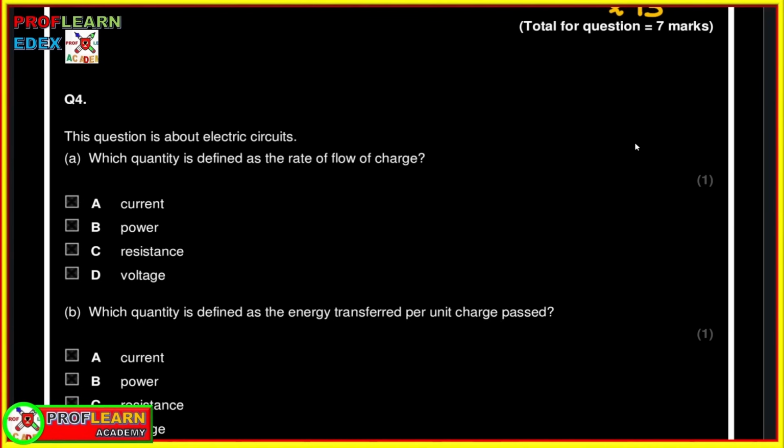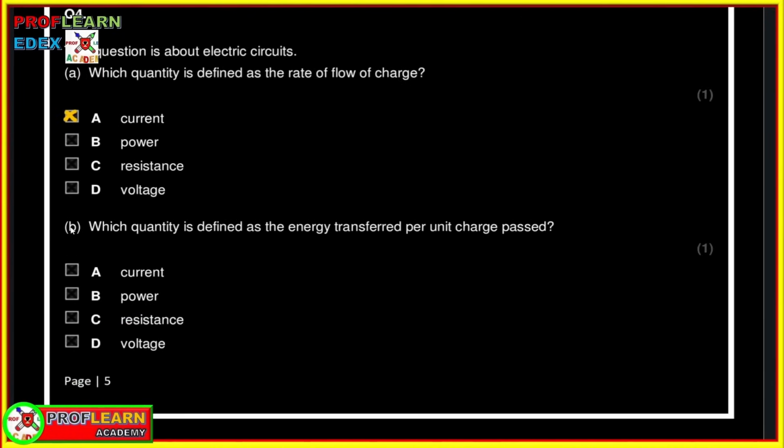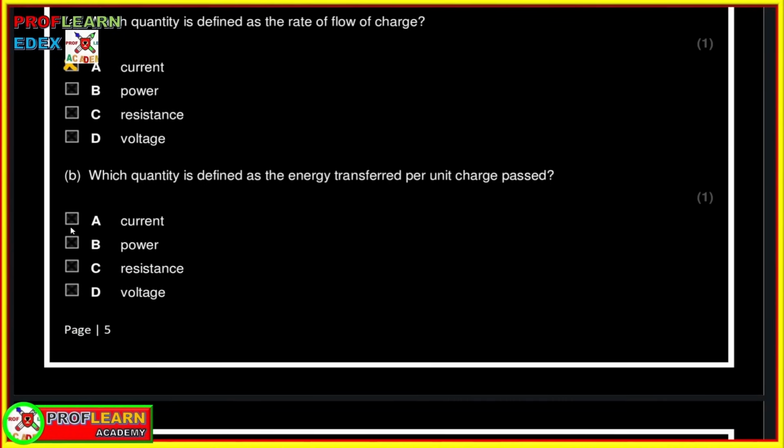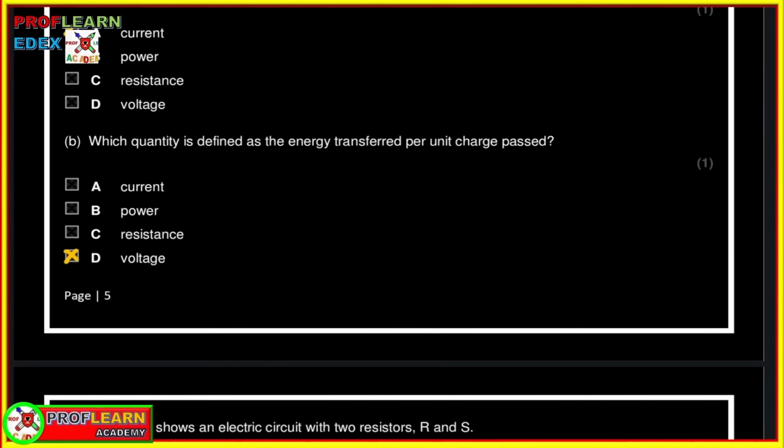Resistance is voltage over current, and voltage is the work done to transfer charge. So which quantity is defined as the energy transferred per unit charge passed? This is actually going to be voltage. So the first one is going to be current, and the second is going to be voltage, right?